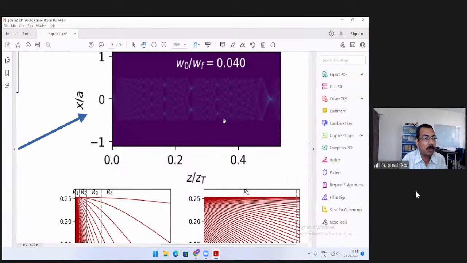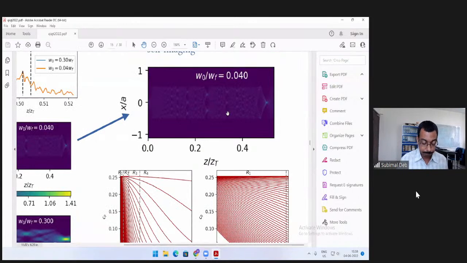But there is one more thing to observe. You can see cusps, which are due to the higher order approximations that come into play, and these cusp-like aberrations take place. Apart from that, the intensity is smeared out all over the waveguide region.